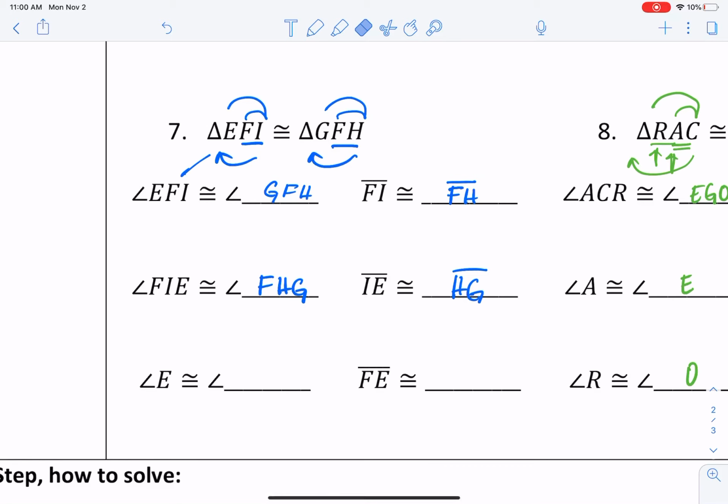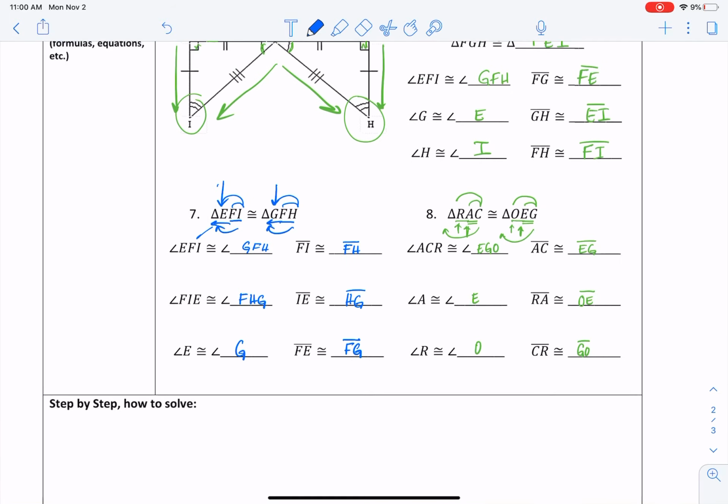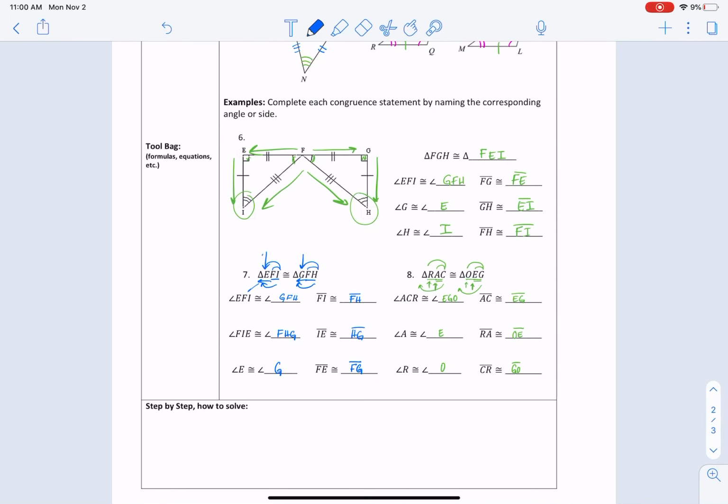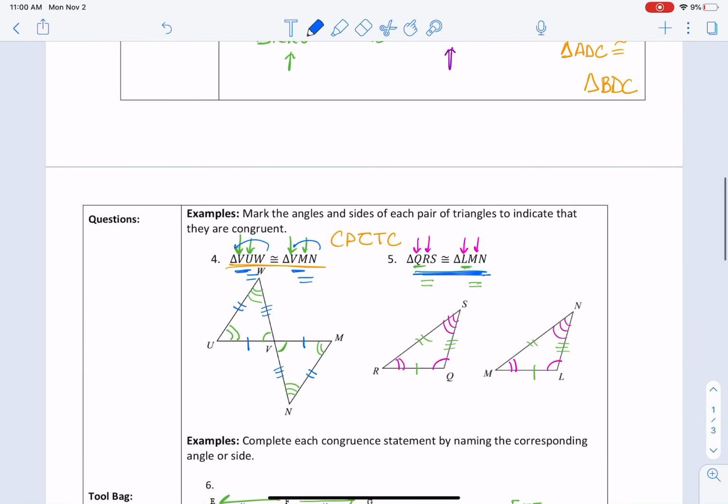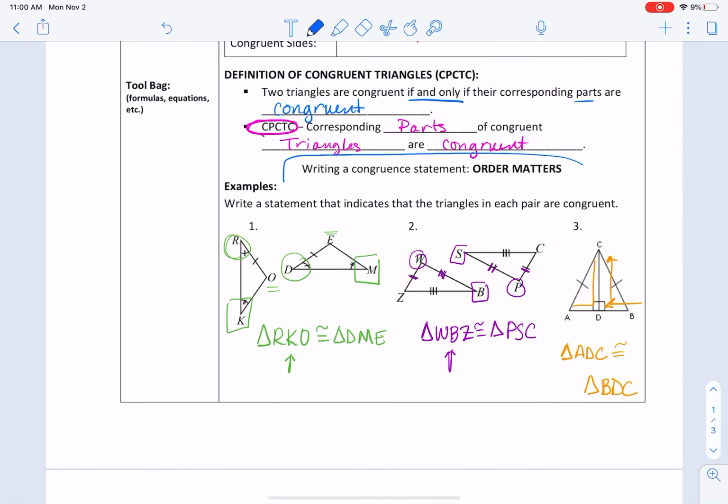Angle E matches angle G. And side FE matches FG. So the important thing about this is the order in which you label things, because order is what matters most in naming congruent parts of congruent triangles.